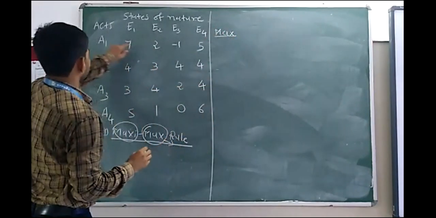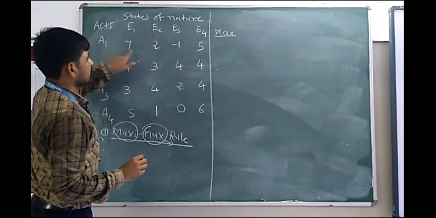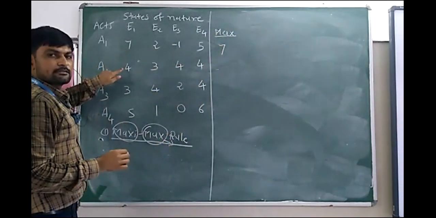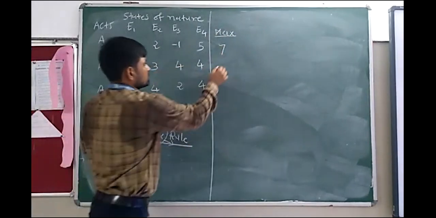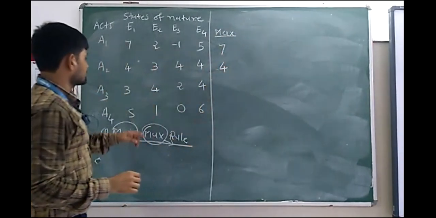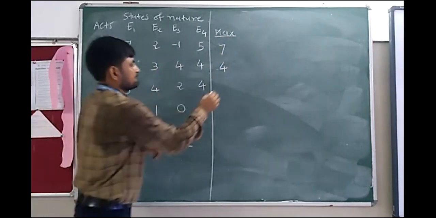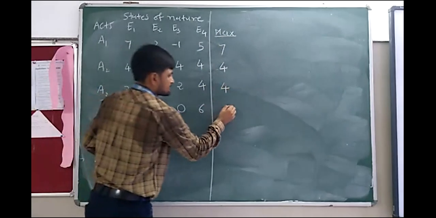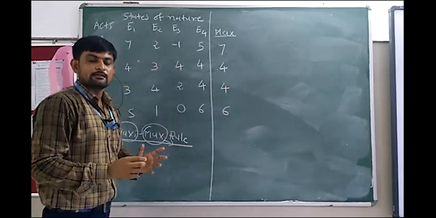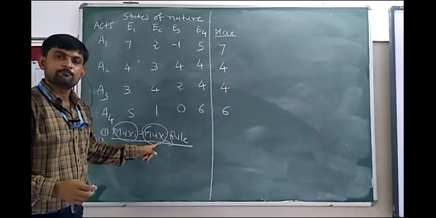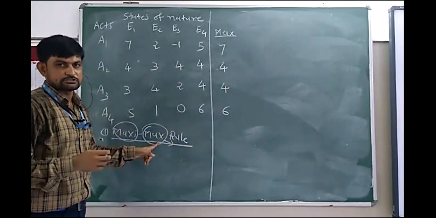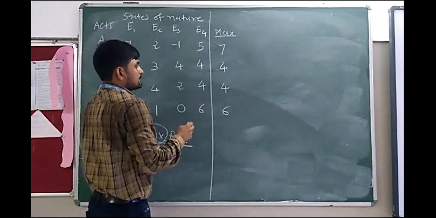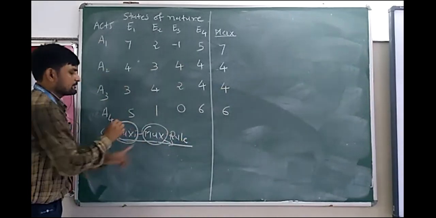So here first we'll find the maximum profit or payoff. From the first row, the maximum payoff is 7. For the second row, the maximum payoff is 4. For the third row, the maximum payoff is again 4. And for the fourth row, the maximum payoff is 6. So step number 1 is what? Find the maximum payoff for each and every act. After this, we'll select the maximum of the maximum.